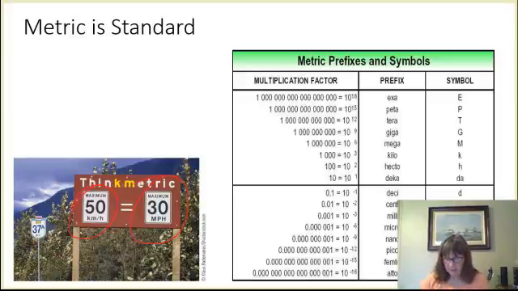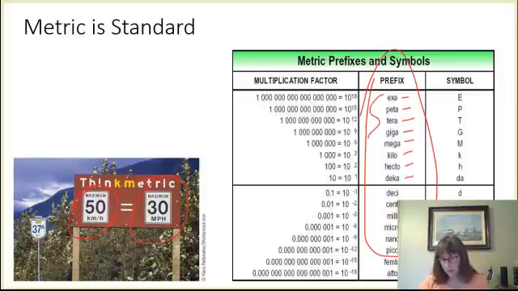You see this right here are the prefixes. So we have a prefix exa, peta, tera, giga, mega, kilo, hecto, deca. These are all bigger than what we say the base unit. And then these are all smaller.